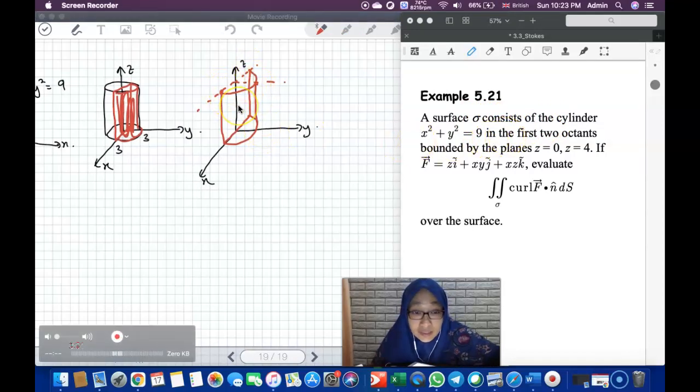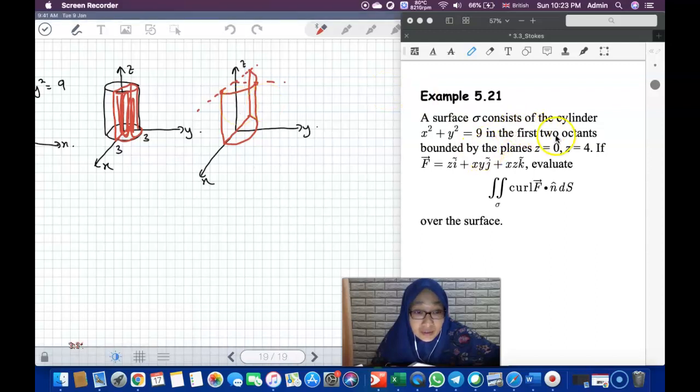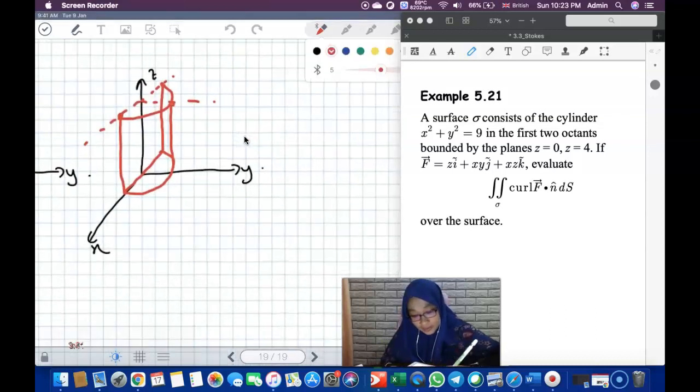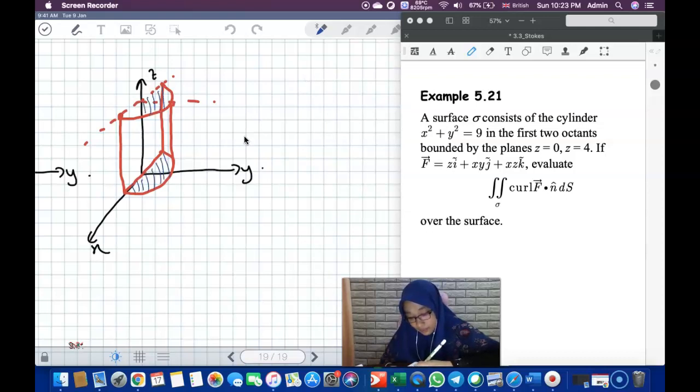This is an open surface. But then they said the first two octants are bounded by the plane Z equal to 0 and Z equal to 4. So this one is located at Z equal to 4. That's it.